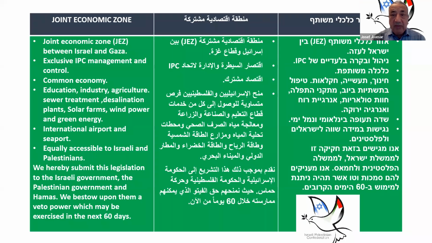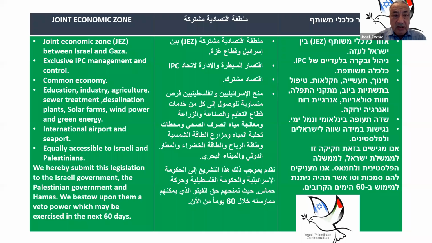Okay, and the joint economic zone, that's the twin legislation. Let me read it. Joint economic zone between Israel and Gaza. Exclusive IPC management and control.